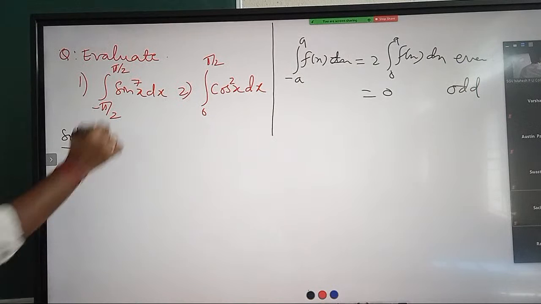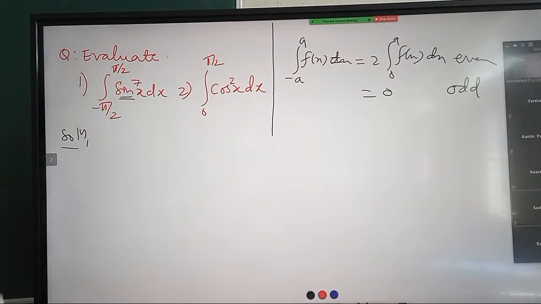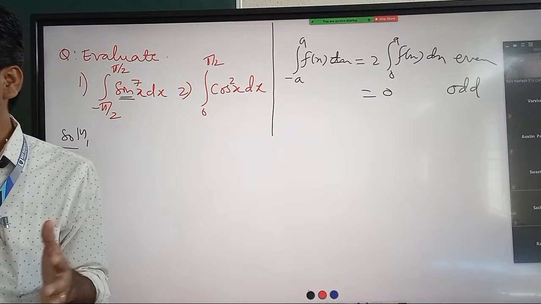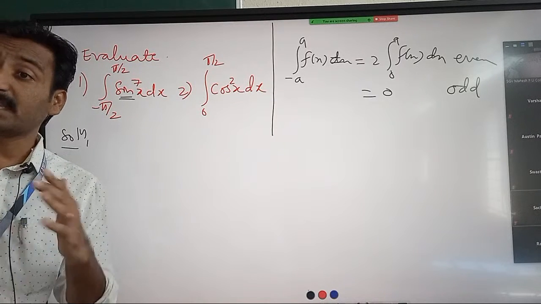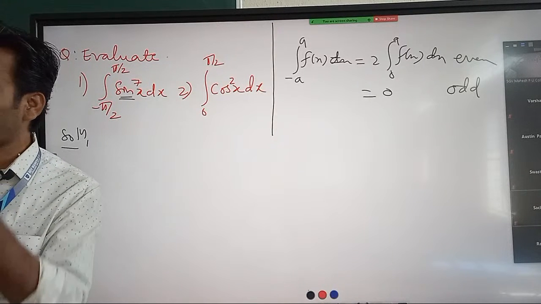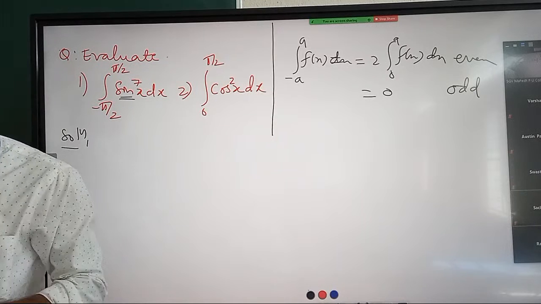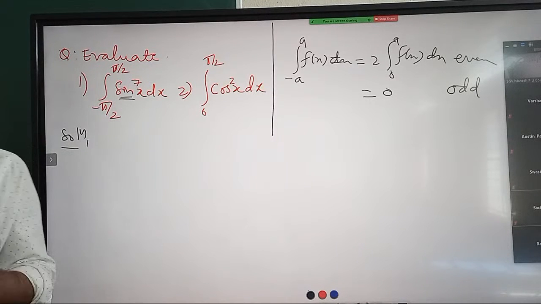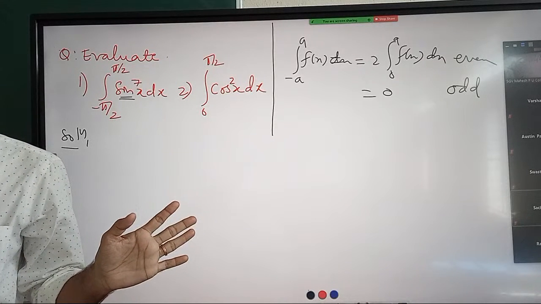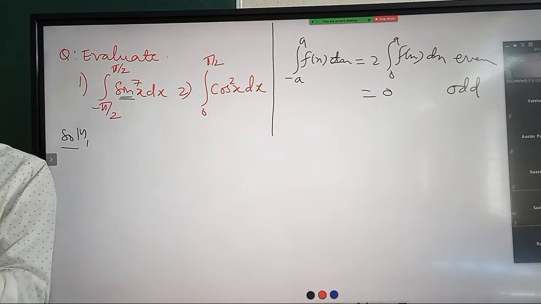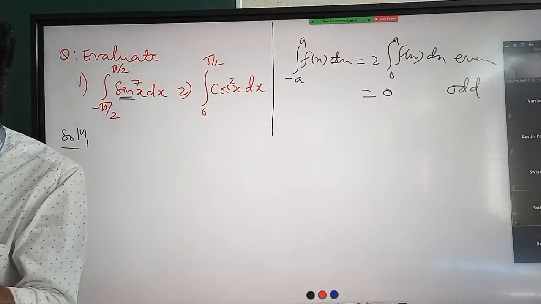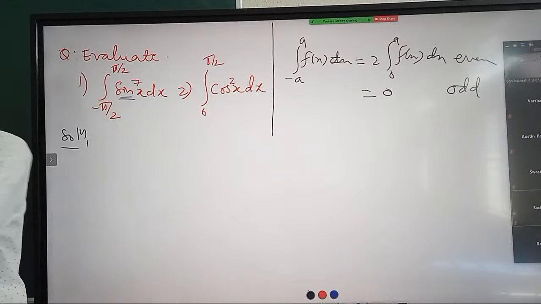Now look at my first function. The sine function is an odd function, but here sine is multiplied an odd number of times. Whenever sine is multiplied an odd number of times, the function is once again odd. Odd into odd is even, but here odd is multiplied an odd number of times.